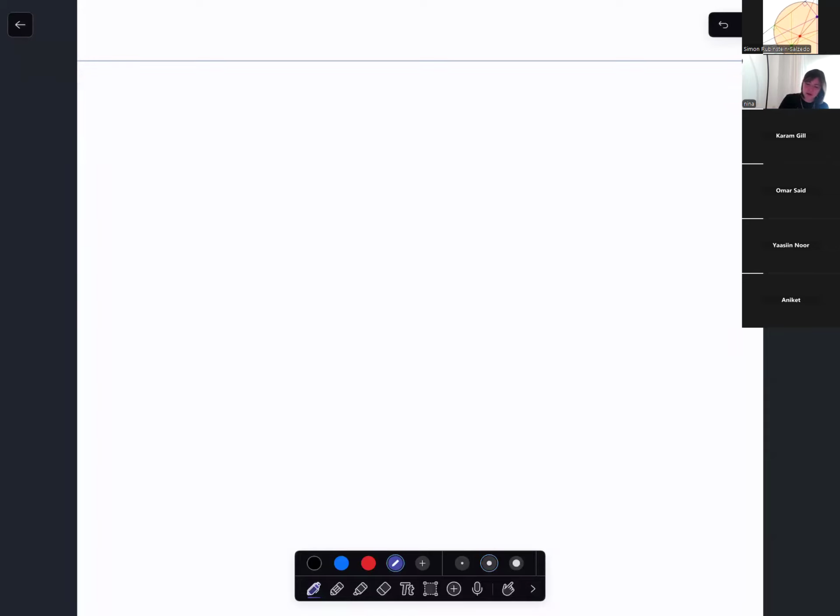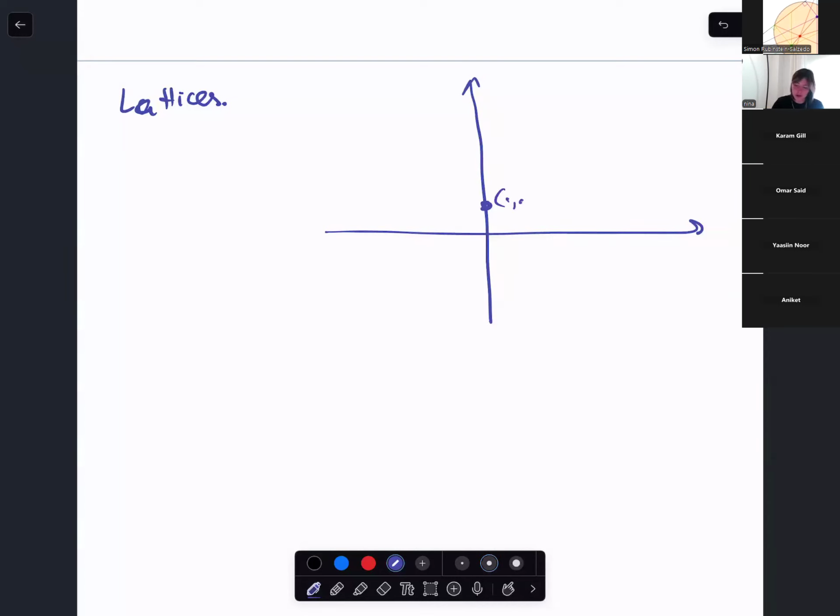So let me just remind you. So a lattice. A lattice is basically, in two-dimensional space, what do you do? You take two vectors, for example, (0, 1) and (1, 0).